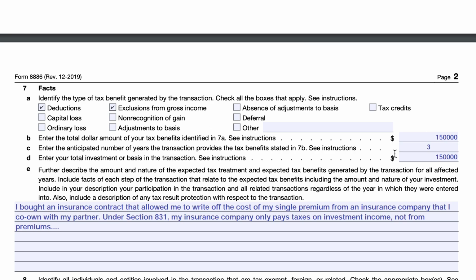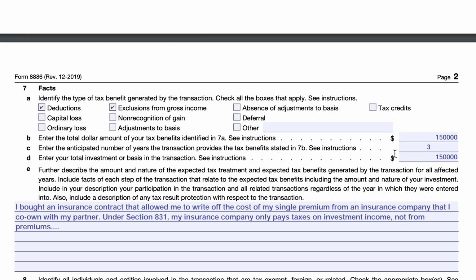Obviously, the IRS expects everyone to report all transactions, but if you're not able to clearly articulate why your transaction is a legitimate transaction where the deduction or the capital loss or the exclusions should be allowed by the IRS, then you're really not doing yourself a favor.